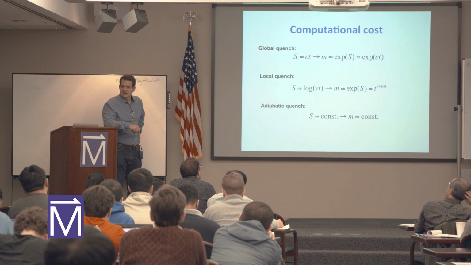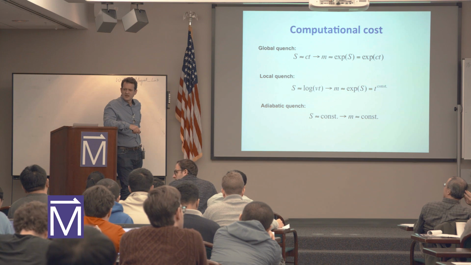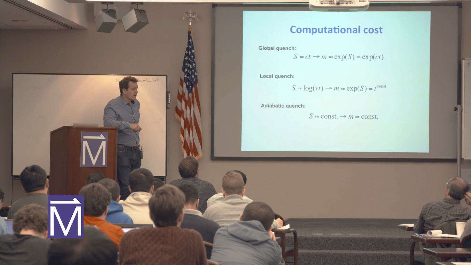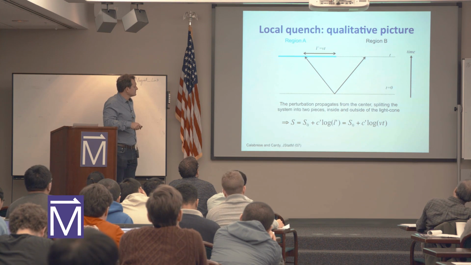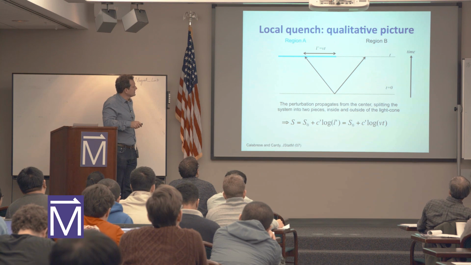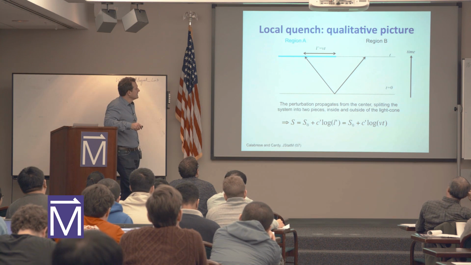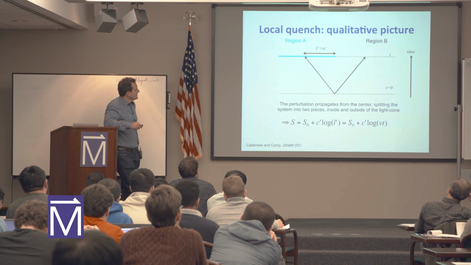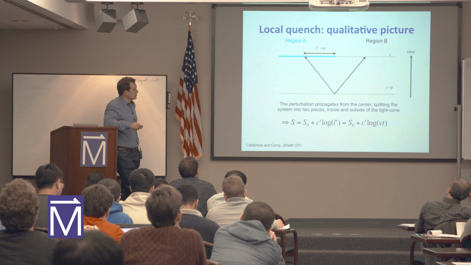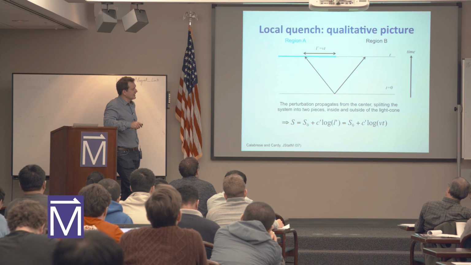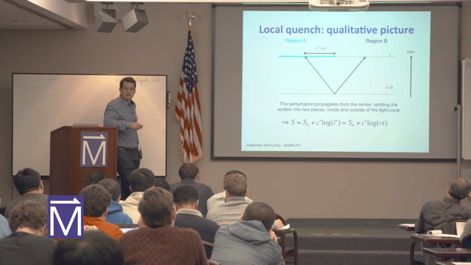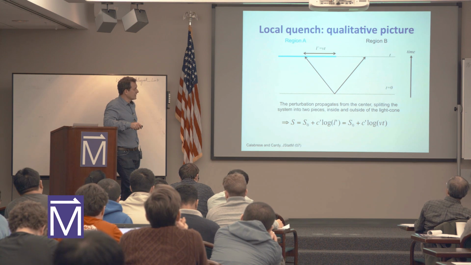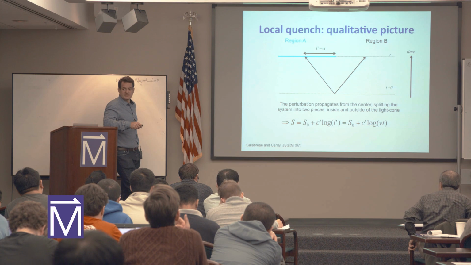Can you give some physical picture on the local quench behavior, the log T behavior? Right. The idea is that imagine you're looking at the entanglement of the left side with the right side. And you create a local perturbation here, and you're going to create a quasi-particle pair, let's say.